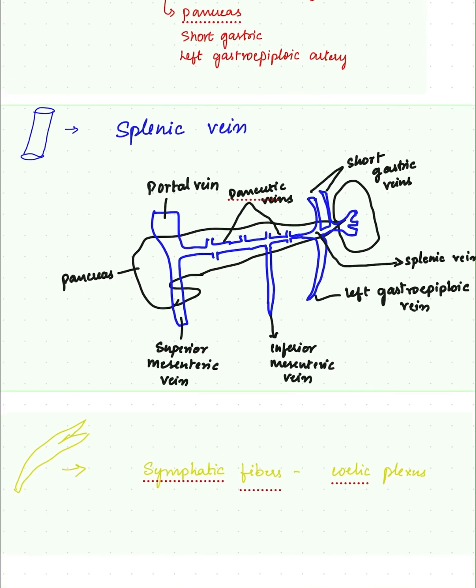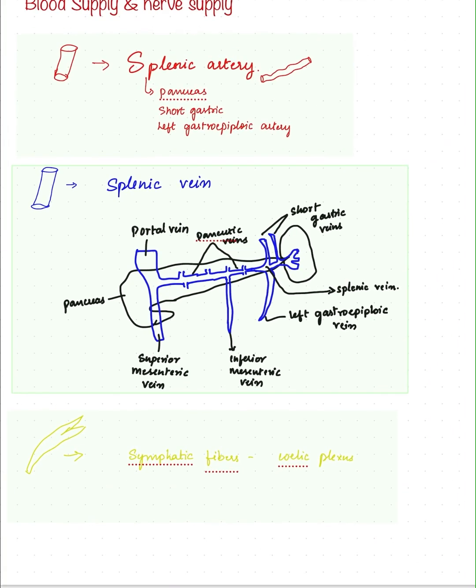So splenic vein, venous drainage. We have a splenic vein. This has a straight course. It is formed at the hilum of the spleen. This splenic vein joins with the superior mesenteric vein, and together they form the portal vein, right? So let's see the branches of splenic vein.